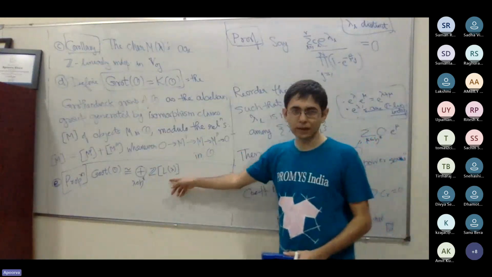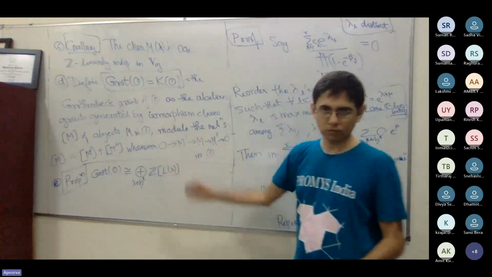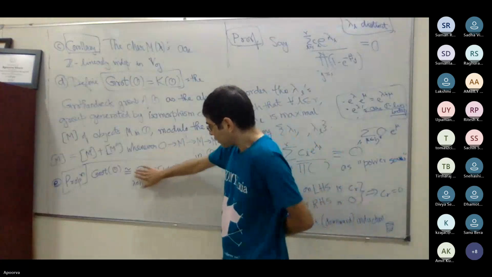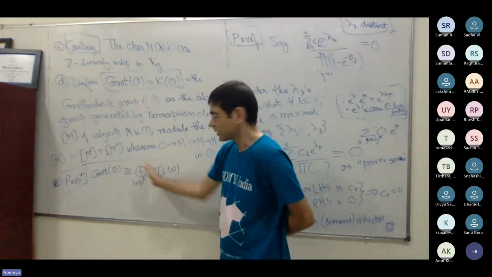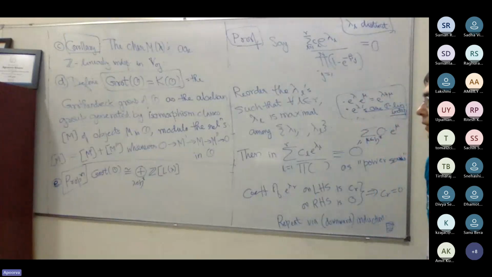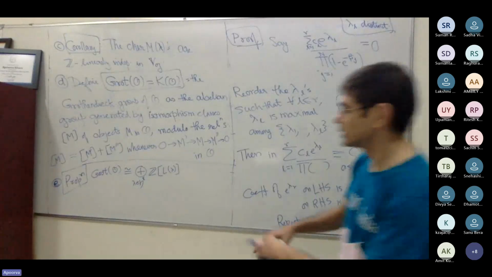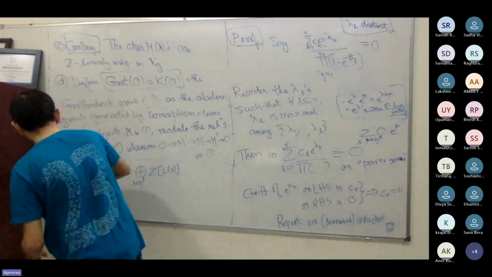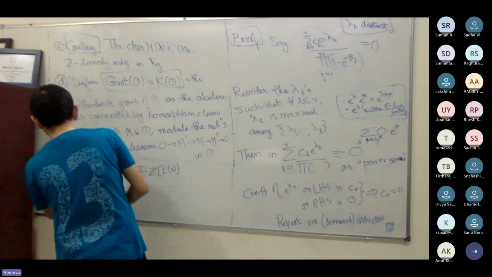Clearly, these guys are objects in category O. Therefore, I don't claim them to be independent, but the rest of that part is fine. Or maybe I'll call this a theorem, and we will get to the theorem.